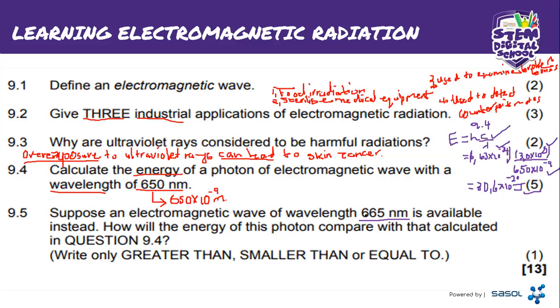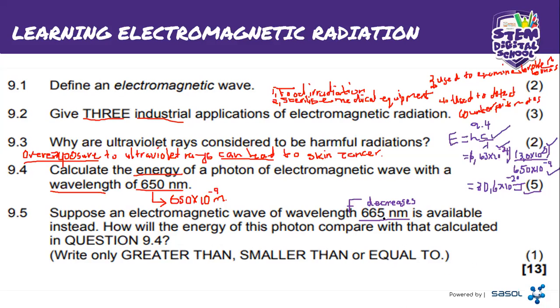If I make the wavelength longer, it means my frequency, which is f, decreases. When frequency decreases, it means the energy is also going to decrease. Why do we say that? Because we know that frequency is directly proportional to energy. The higher the frequency, the higher the energy. The lower the frequency, the lower the energy.